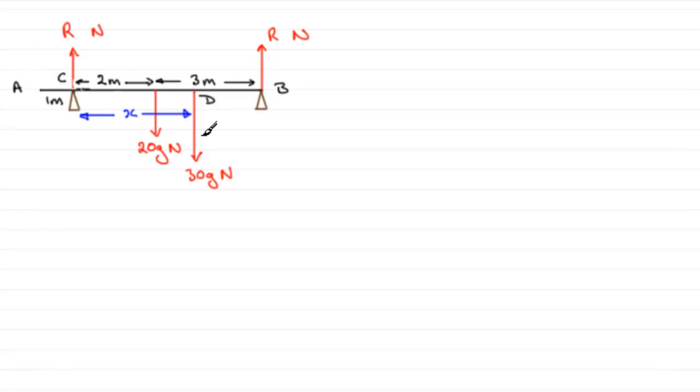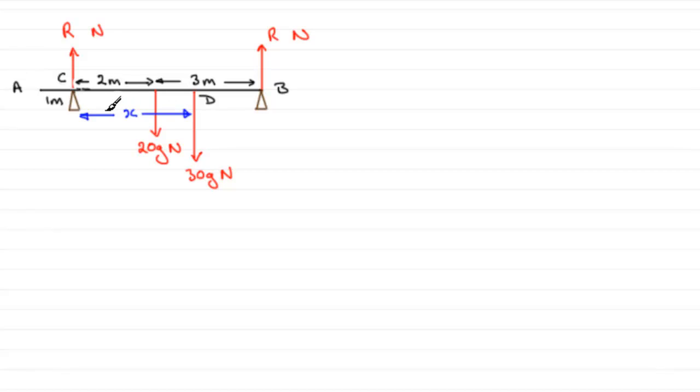Do it one way, but try other ways so you can compare the methods. So I'm going to put X here. Now if you'd put D over here, I would still have labelled that distance X. Do the mathematics, X will turn out to be a value more than 2 when you're done. So it doesn't really matter.